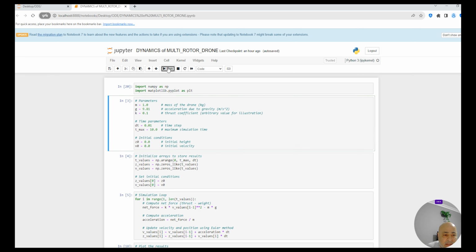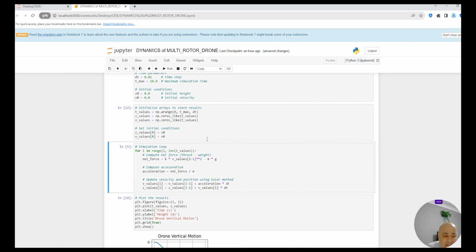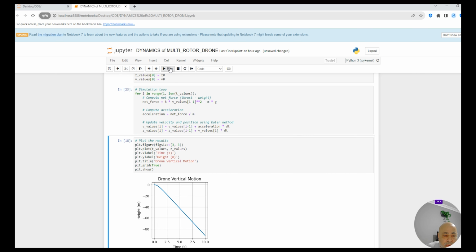So if I execute the second cell, where I am actually defining and initializing some parameters, then I create my arrays and initialize them, and then I am running my for loop, and I'm calculating the velocity v and z for my velocity and position.